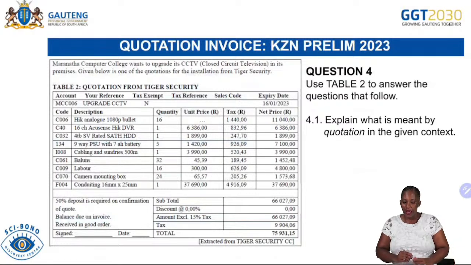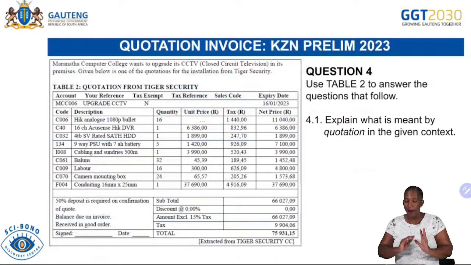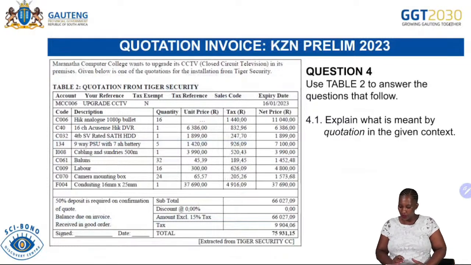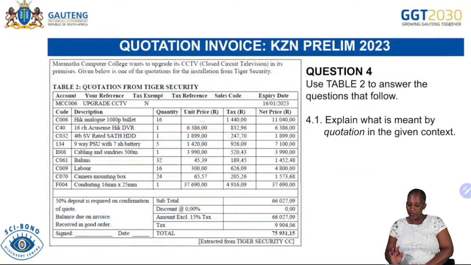Now the next one, boys and girls, I have tried as much as possible to show you different types of invoices, financial documents. On this one now, we have this one that says explain. This one is a quotation from Tiger Security. Maranatha Computer College wants to upgrade its CCTV, closed-circuit television, in its premises.